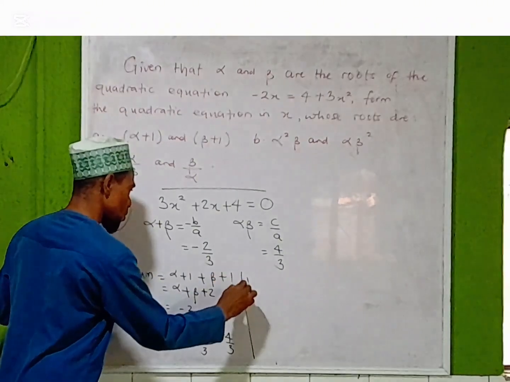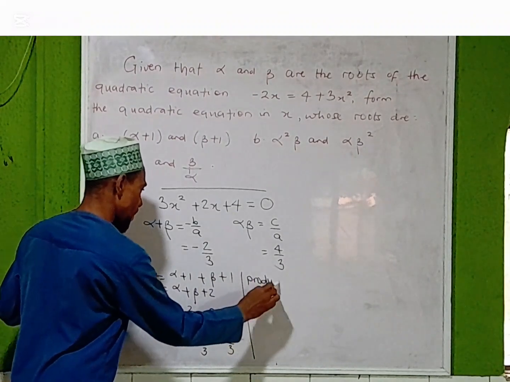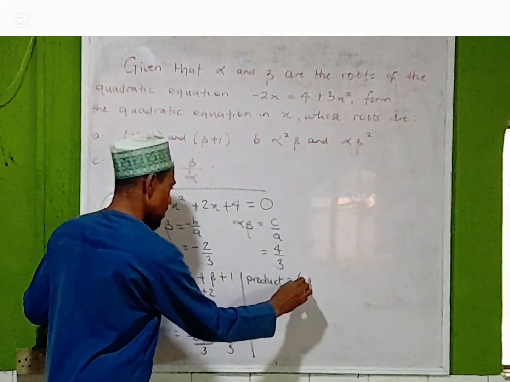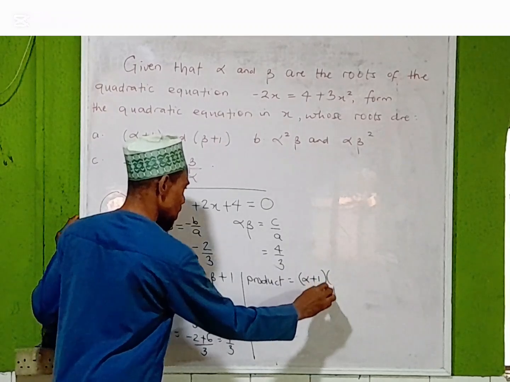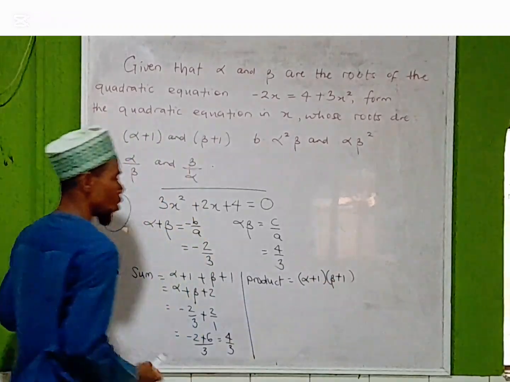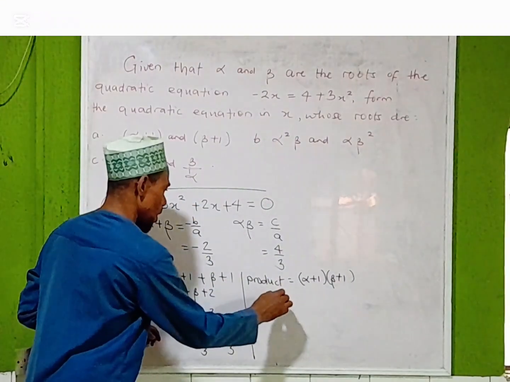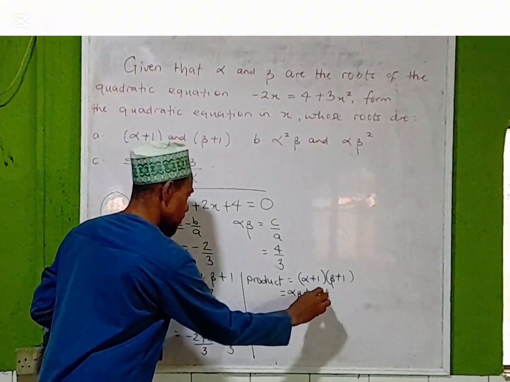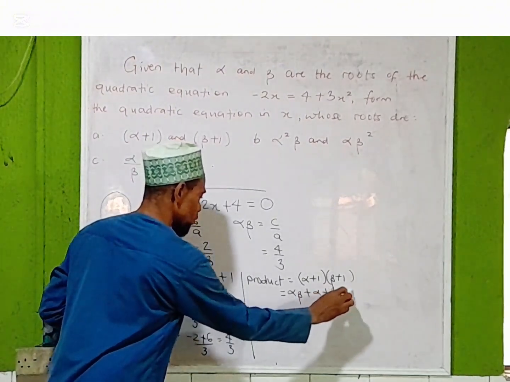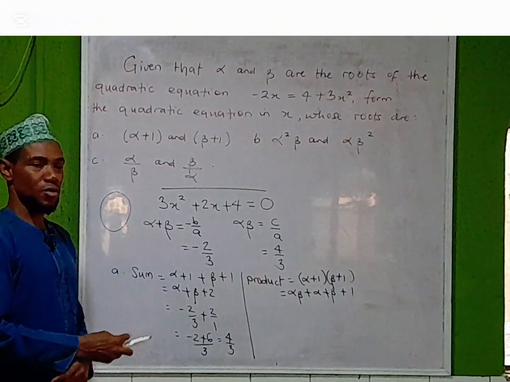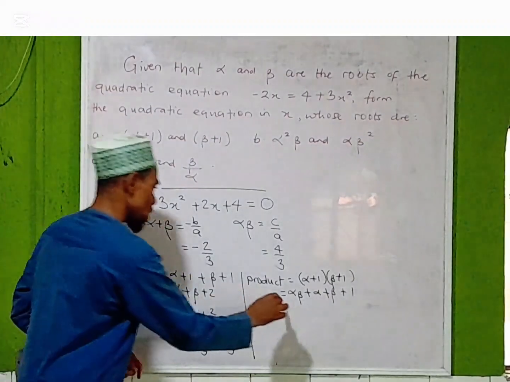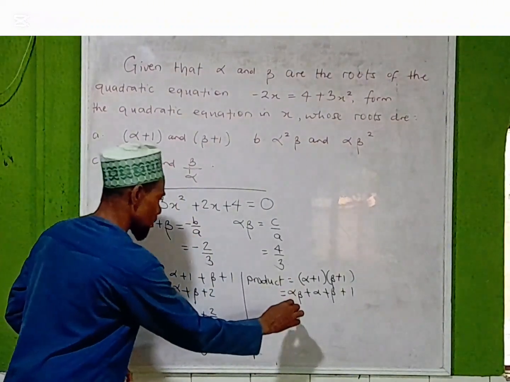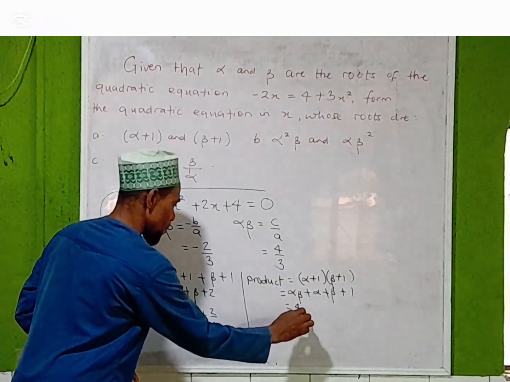On the other hand, what's the product? The product will simply be alpha plus 1 times beta plus 1. And on expanding that, I'm going to have alpha beta plus alpha plus beta plus 1 by simply expanding, just like algebra. So you have alpha beta from here is 4 over 3.